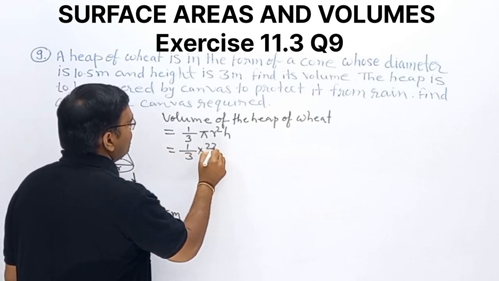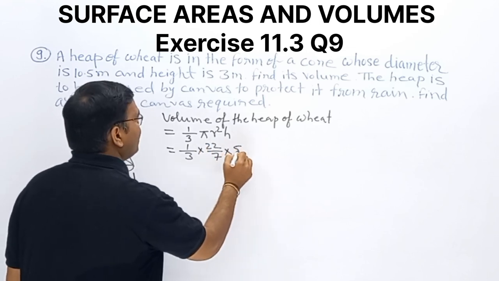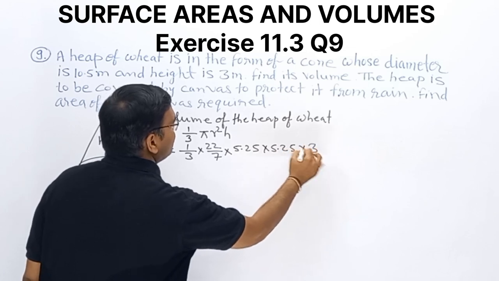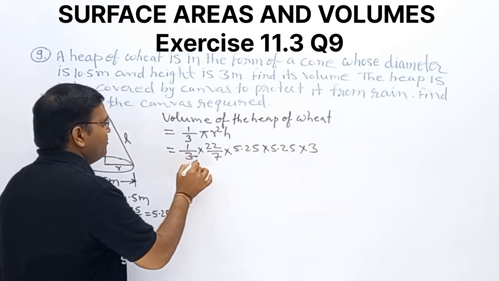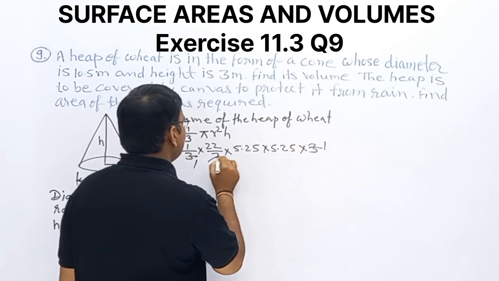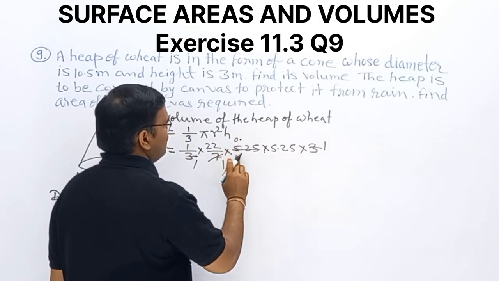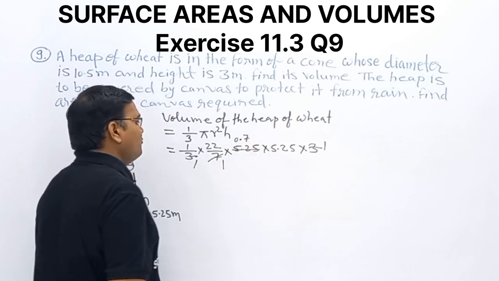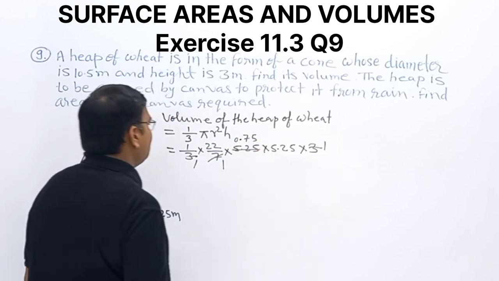Then what are we getting? 1/3 into 22/7 into radius 5.25 into 5.25, and height is 3 meter. Solve this one. 3 ones are 3, 3 ones are 3, 7 ones are 7. Now this will be 0.75, 7 sevens are 49, 5 sevens are 35.